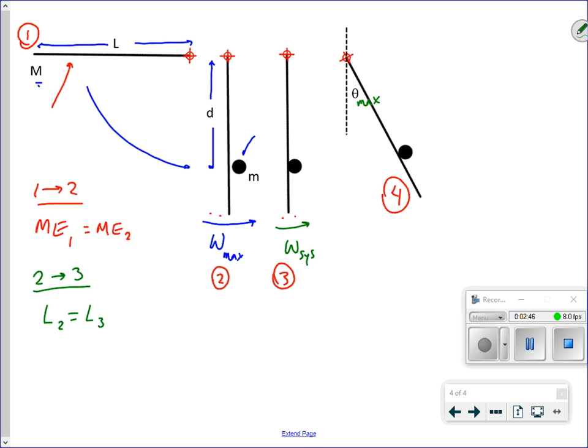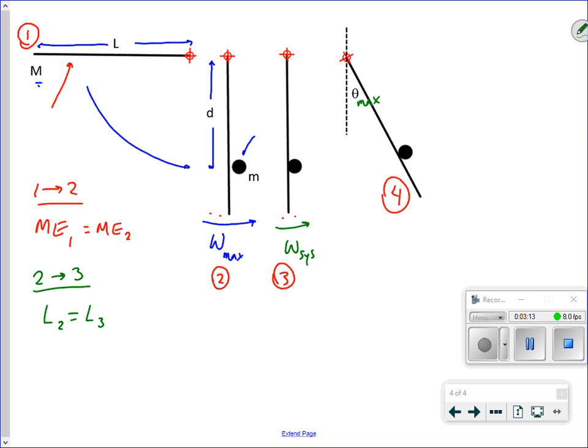If we assume that not a whole lot happens to the angular displacement of this pendulum while the interaction with the point mass is happening, then we can neglect any gravitational accelerations. So if we say 2 to 3 is a nice short amount of time, then we can conserve that angular momentum during that interaction.